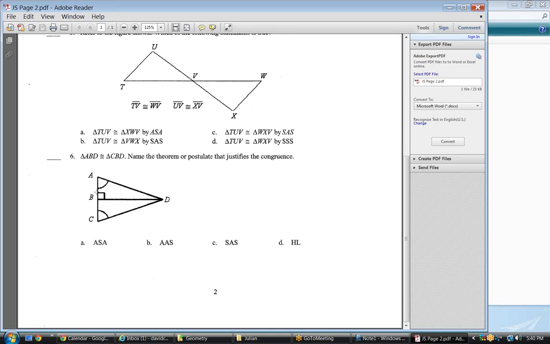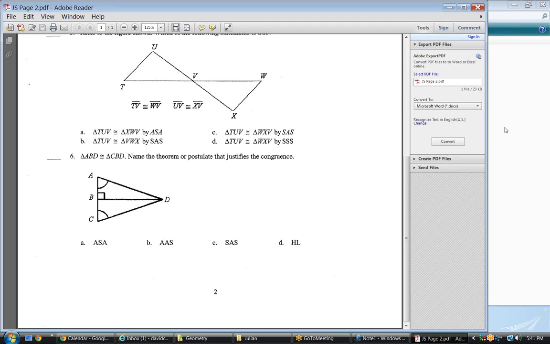We don't know that AB is equal to BC. We do know that angle C is equal to angle A. And we know that this is a right angle, which means this is a right angle. So you can draw a little right angle mark there. So we do have two angles that are equal. What else do we have that is equal? A side. Okay. Where's that side located relative to those angles?